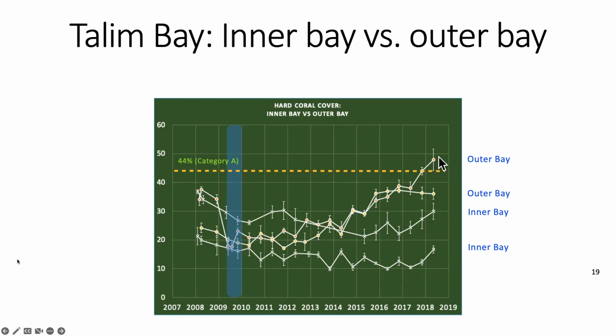This reef, which is dominated by slow-growing Porites, is now category A, and even before bleaching of 2010, it was not category A. Okay. So it can still recover very quickly.